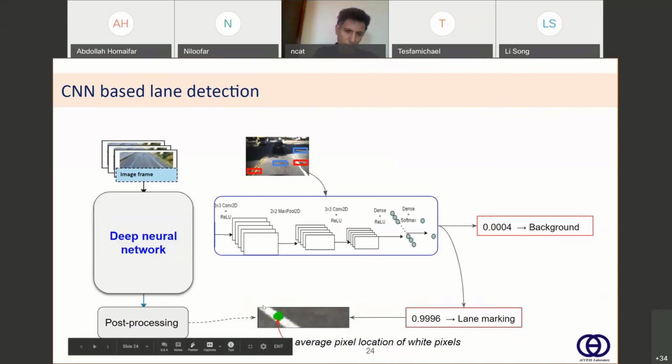So we convert this image patch into a binary image and calculate the average pixel location for the lane boundary. The green dot indicates where the average lane marking is. This is part of the post-processing. If the given image patch has no lane marking, then it's simply ignored.